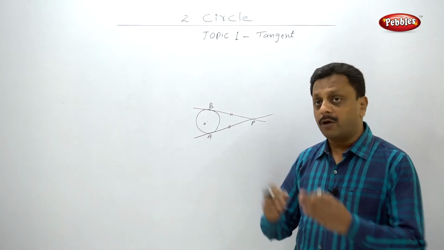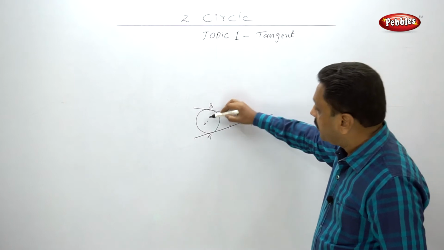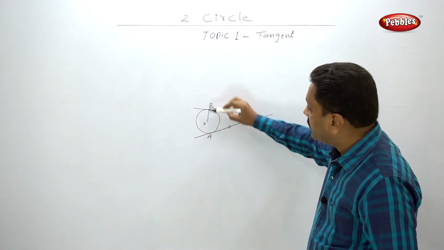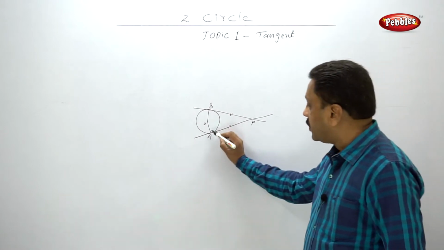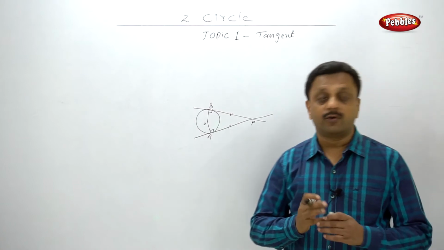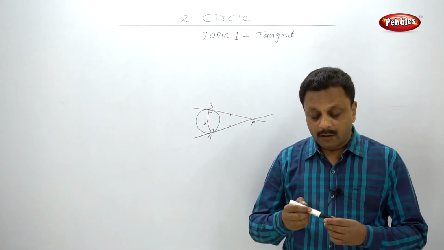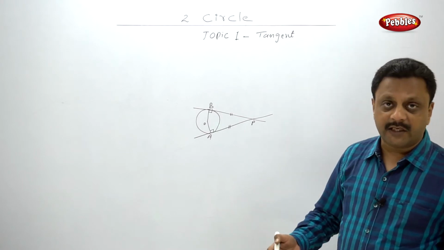What else, which may not be shown in this figure, do you know? You know that OB is a radius, also OA is a radius, and these are 90 degrees. This also you know. Now from this figure, what else can you say?